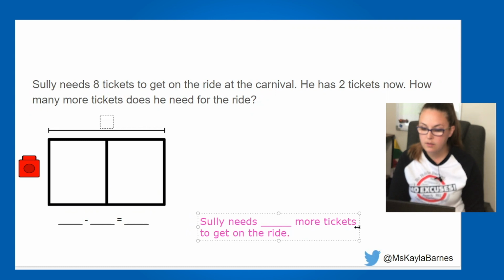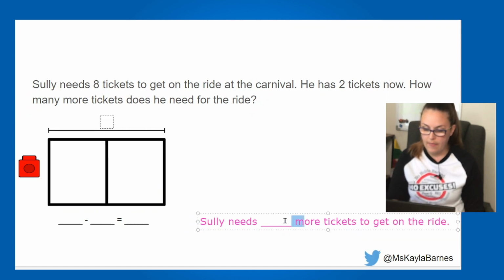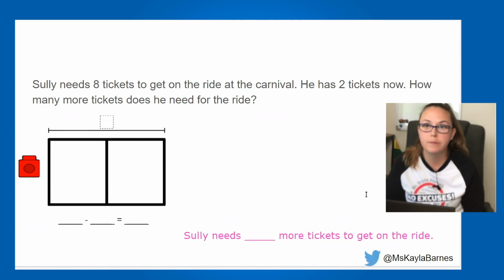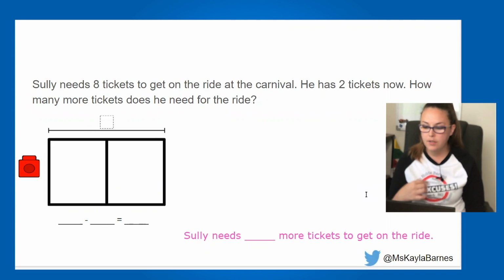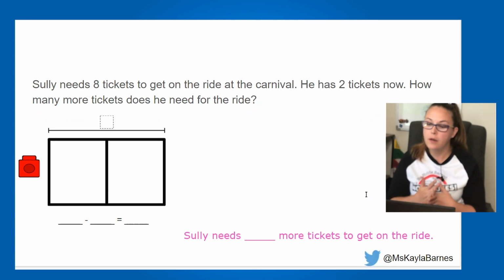Okay. So that's going to be our answer statement. And we leave the blank there so that we know we have something to solve. Okay. Now the next step in our process is for us to go back, stopping at each punctuation mark and figuring out how to model that part of the problem. So that's what we'll do here.